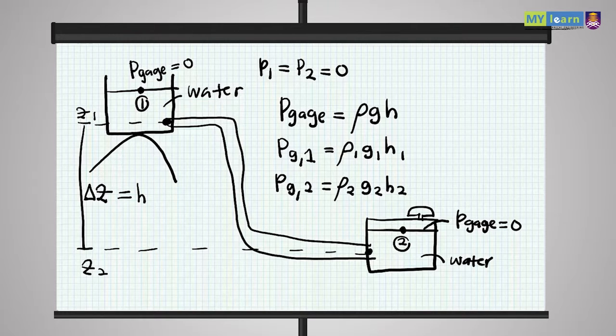So the density for 1 and 2 will be the same, so we can cancel out. And the gravitational acceleration, as we live in this world, will stay the same at 9.81 meter per second square. So G1 is also the same as G2. So the pressure difference between point 1 and point 2 will just be proportional to H1 minus H2.